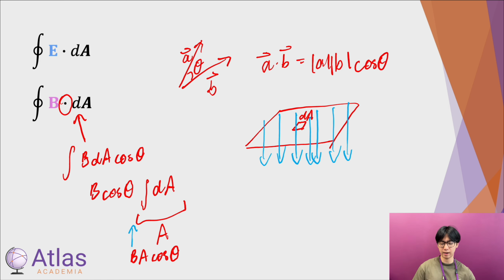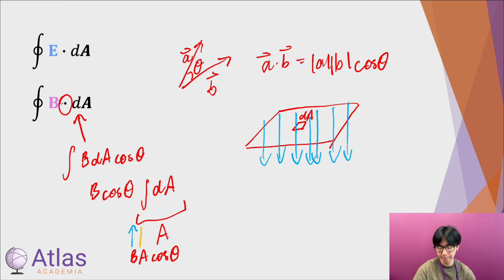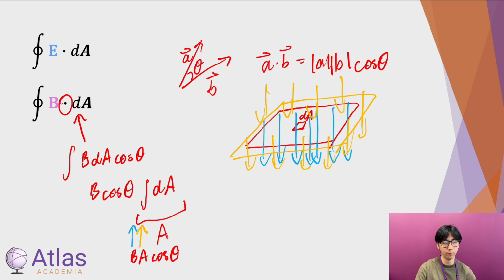And so yes, we do see that we get more field lines passing through. There's also another way to increase the flux, which is by increasing A. If I increase the area in which I'm enclosing those field lines, then more field lines can pass through. So I'm also increasing the flux because I'm increasing the amount of field lines that can pass through. So there are different ways to increase flux.